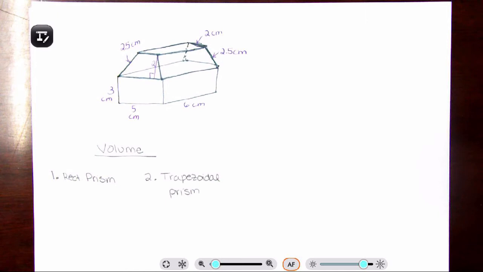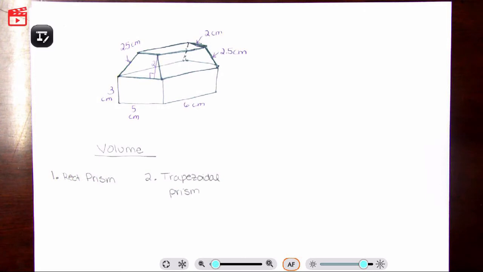One's rectangular, one's with a trapezoid. Now, both of the prisms will have the same formula. It doesn't matter what the base is because in the formula, we're saying area of the base. So whatever the base is, we find the area of it.